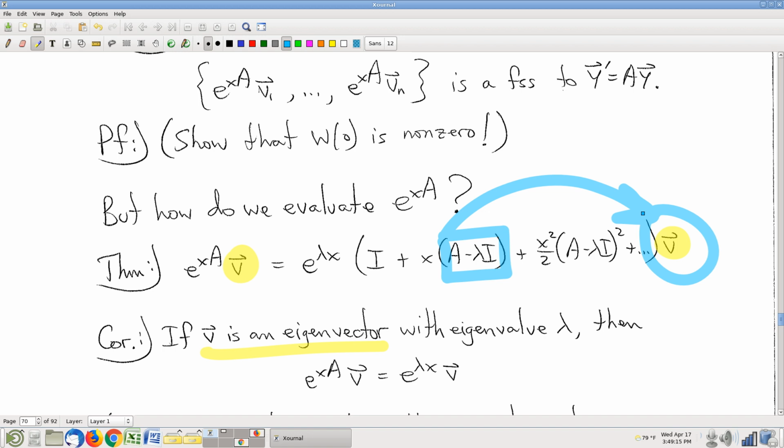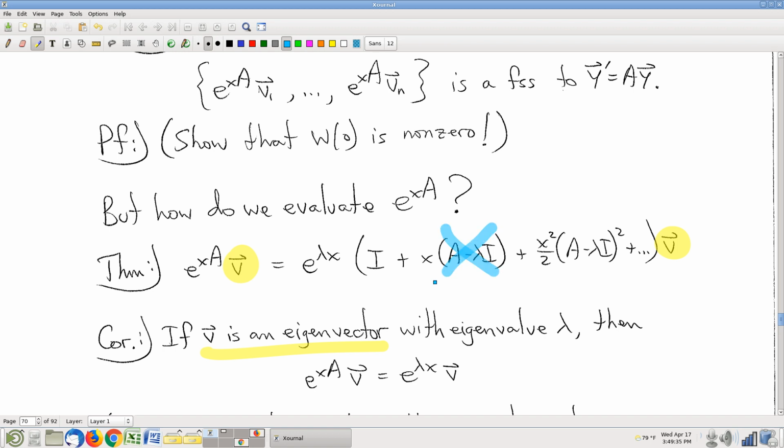In Chapter 5, one point of view that we had on eigenvectors is that eigenvectors are in the null space of A minus lambda I. Said differently, A minus lambda I times eigenvector is 0. So that term, because V is an eigenvector, that term kind of goes away. That term goes away in a puff of smoke.